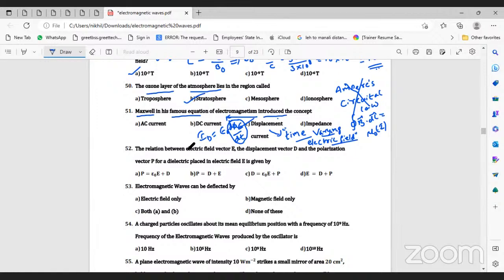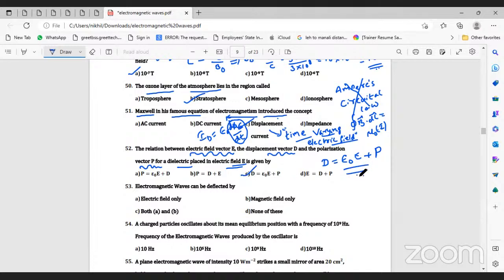Now in the next problem, they're asking you to find the relation between the electric field vector E, displacement vector D, and the polarization vector P for a dielectric placed in the electric field E. So please remember, displacement vector D is given by epsilon naught times the electric field E plus the polarization vector P. Option C is the right answer.